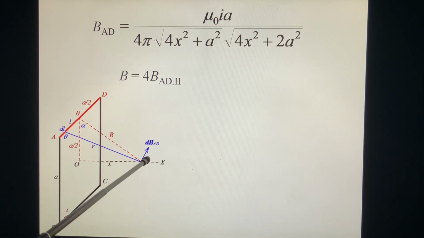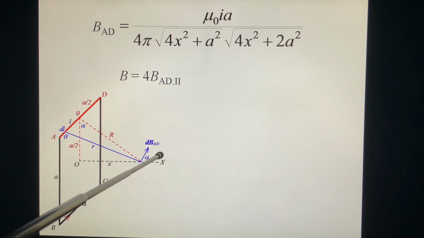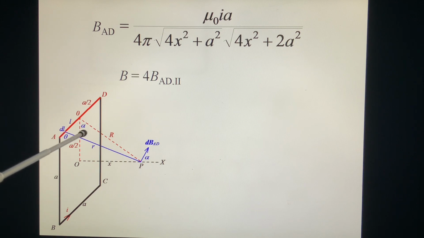What is cosine alpha? This alpha equals this alpha, because this line is perpendicular to this line, and this line is perpendicular to this line, so they are the same. And cosine alpha equals half A over big R.